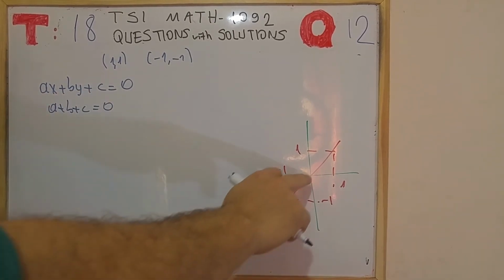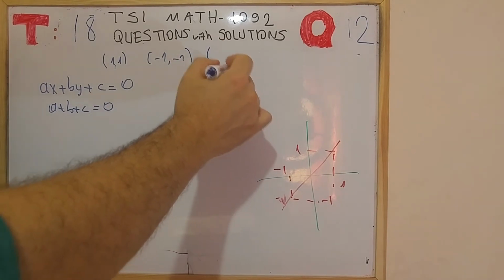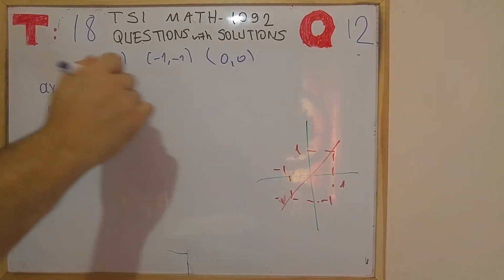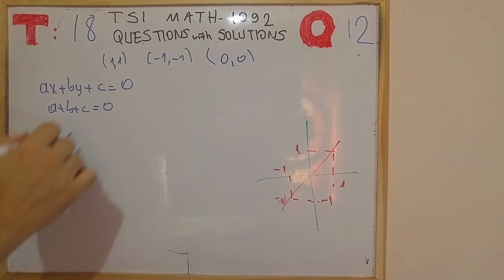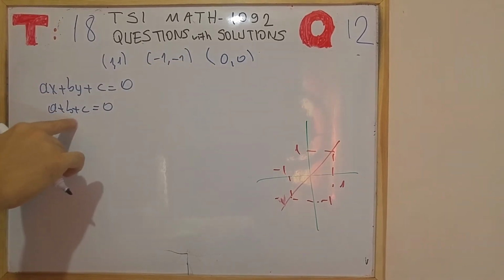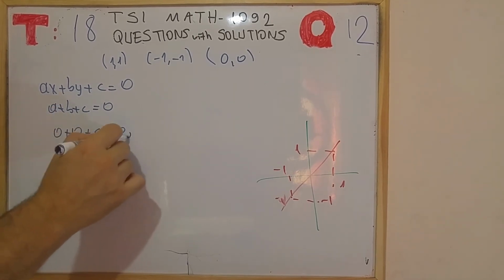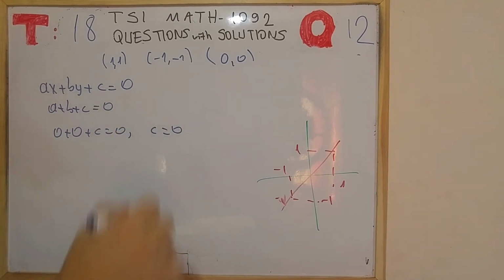We have another point, it passes through the origin. So at 0, 0, when I give each of x and y 0, I just have c. That is 0 plus c is equal to 0, so c is equal to 0.